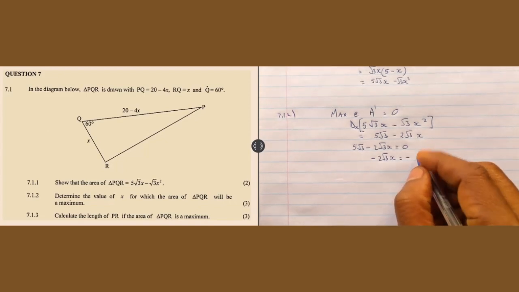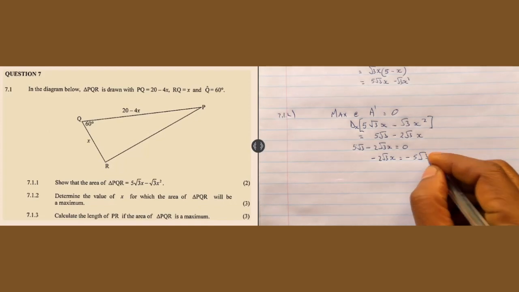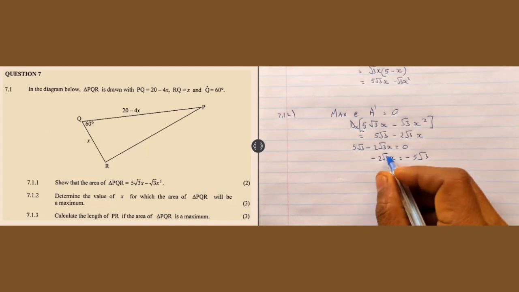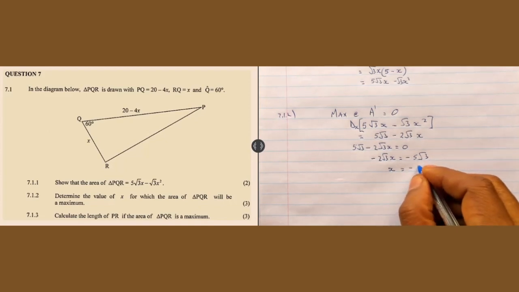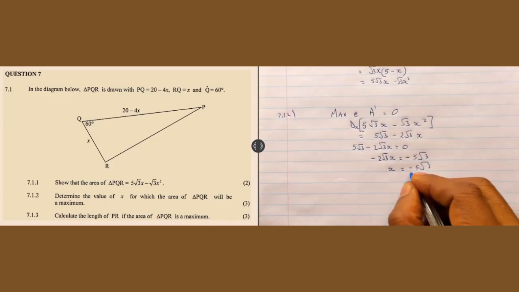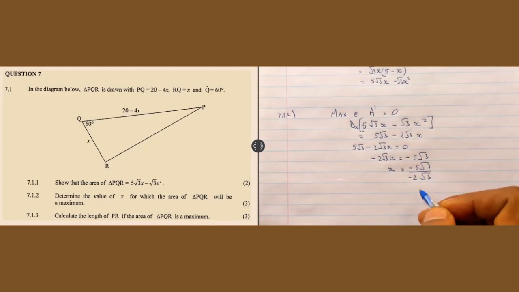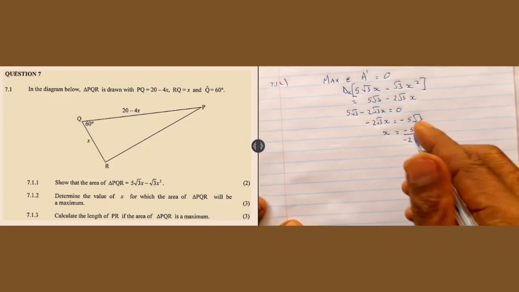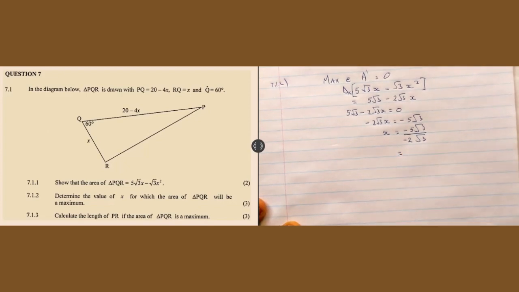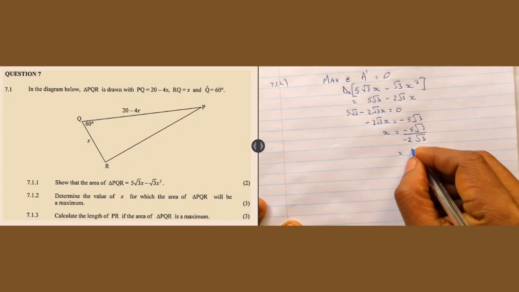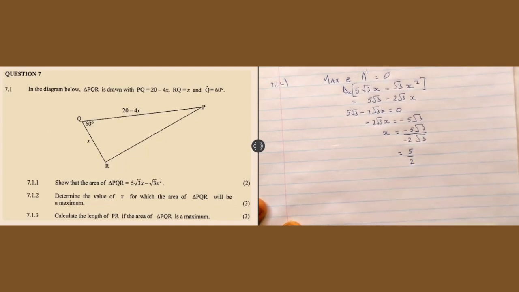Then you have a negative 5 root 3. Then I don't want anything next to that, so I'm gonna divide by this. So it means I will have negative 5 root 3 over negative 2 root 3. The root 3s even out. I'm only left with these numbers. They are negative, so this one will be positive. So it means my x will be equal to 5 over 2.